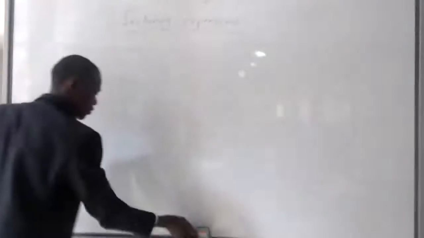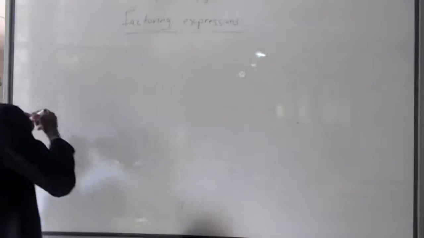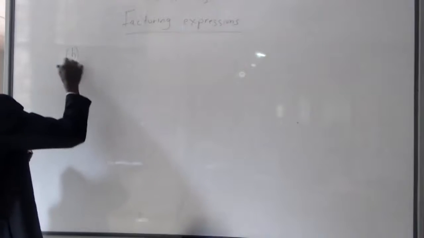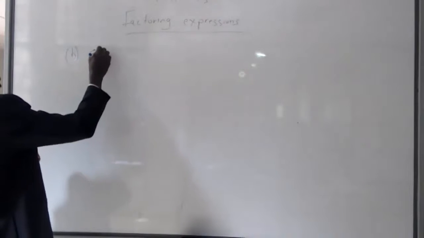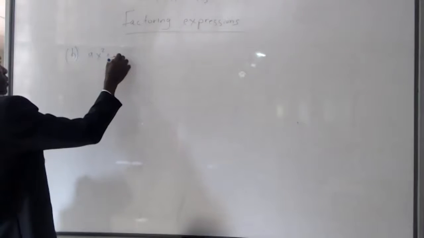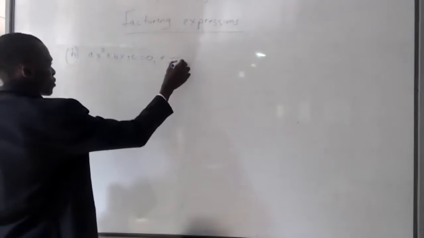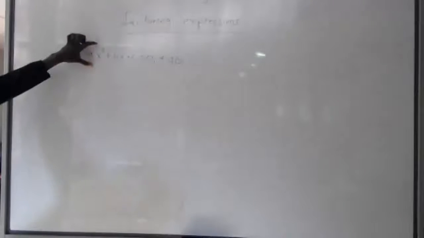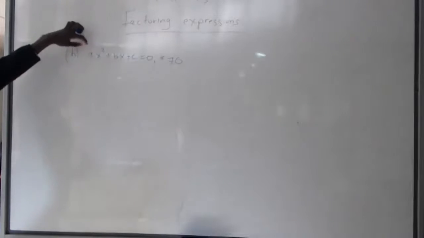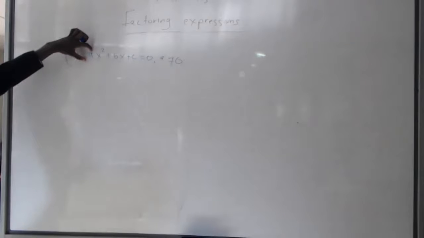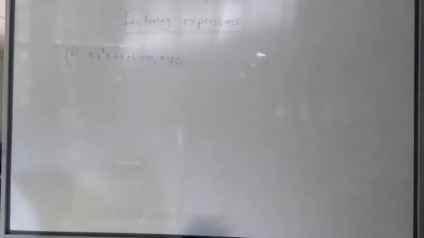Let me give you another form. That was the first one for trinomials. The second form is when you have ax squared plus bx plus c equals 0 and a is non-zero. So the coefficient of the highest exponent, which in this case is 2, we want to be different from 0 and also different from 1, because the first form we did was when a is 1.